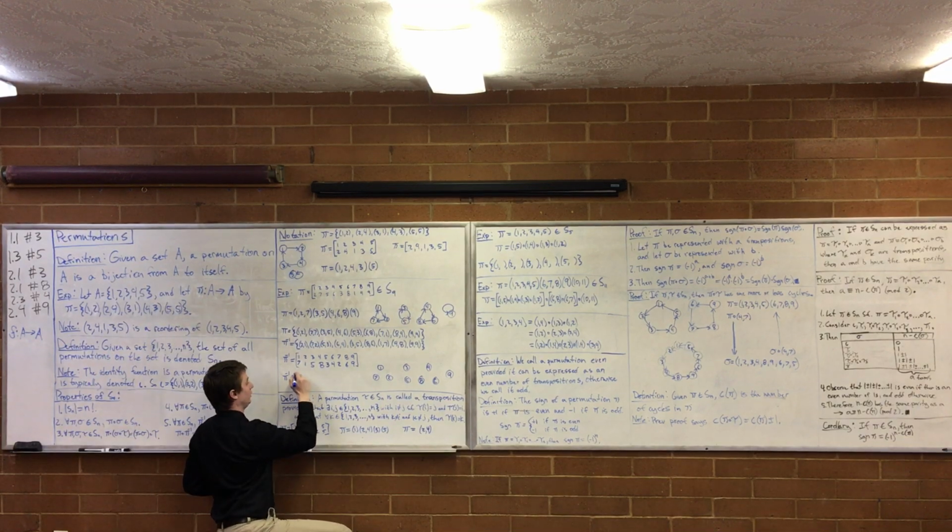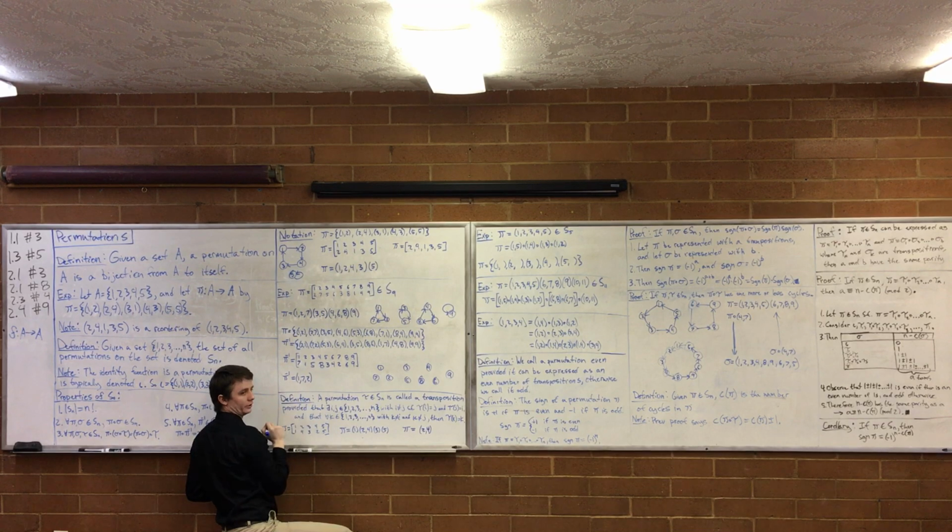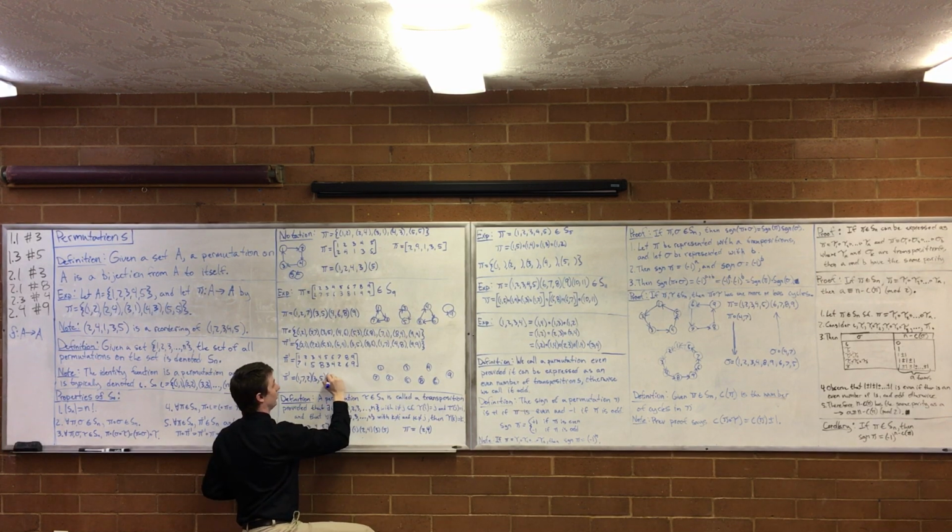So now let's write this one out in cyclic notation. Starting with 1, what does 1 go to? 7. What does 7 go to? 2. What does 2 go to? 1. That closes our cycle. Next cycle. Smallest element we haven't used is 3. 3 goes to 5, 5 goes to 3. That closes our cycle. Next, 4 goes to 8, goes to 6, closes our cycle.